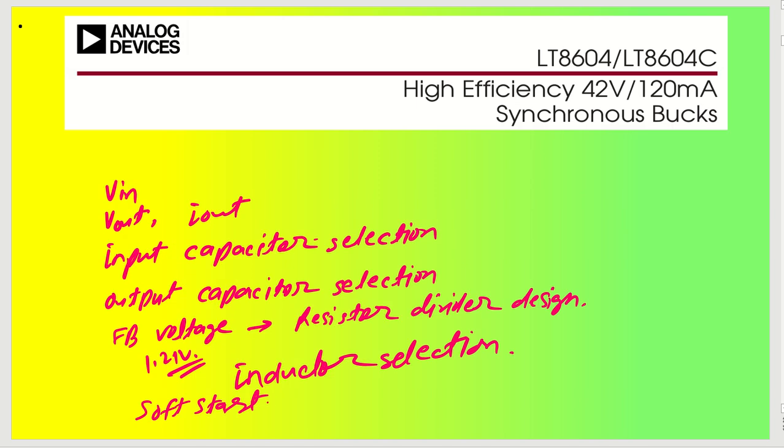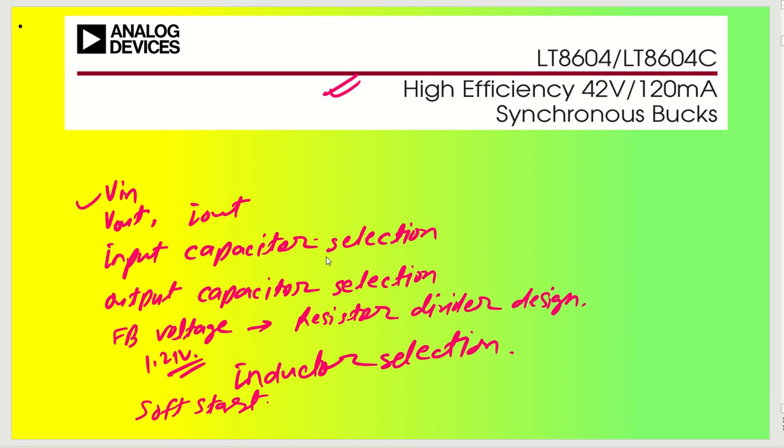Now what is the main thing that we are going to do with this particular IC, and what benefit will we get? First of all, you have to understand the DC to DC converter design. Basically, what is the input voltage, what is the output voltage required, and what is the current rating that we need.